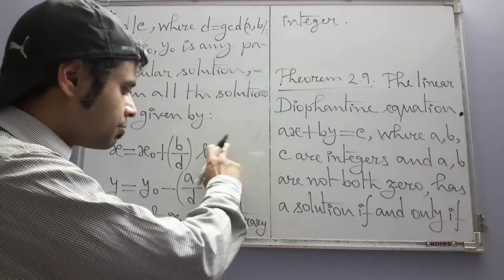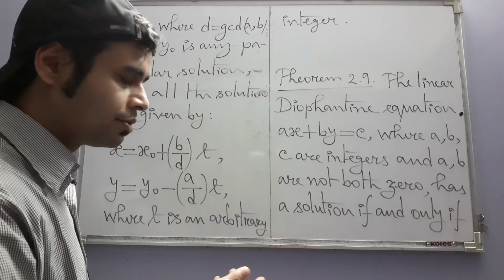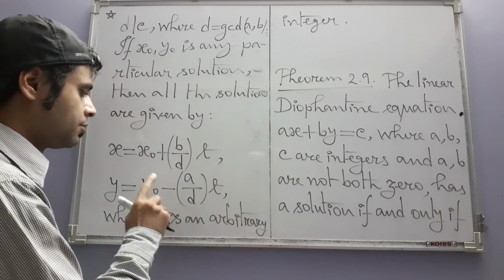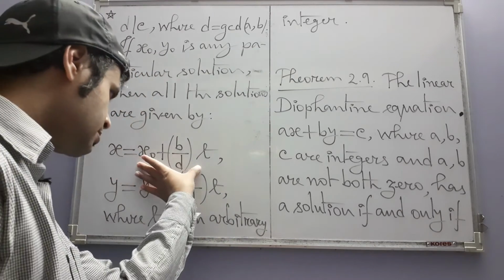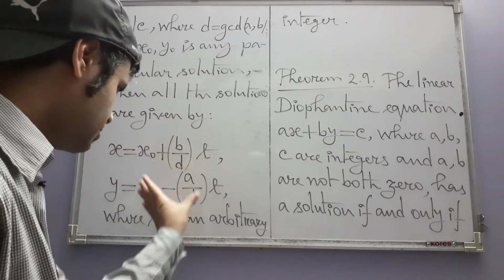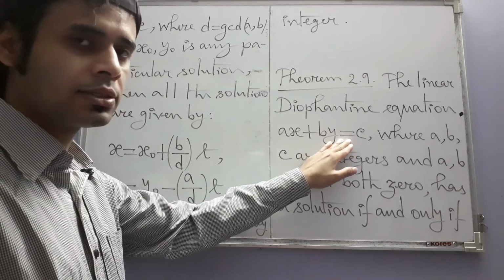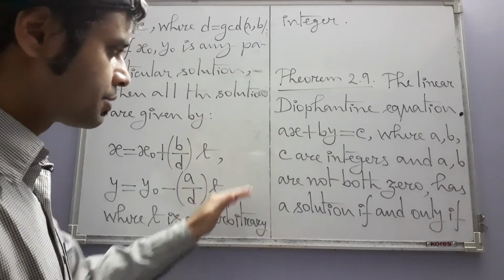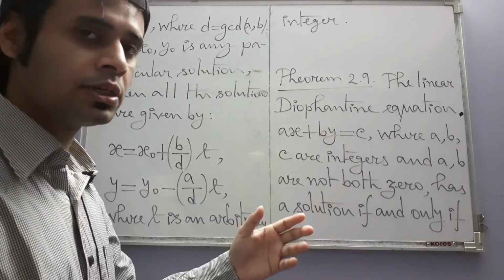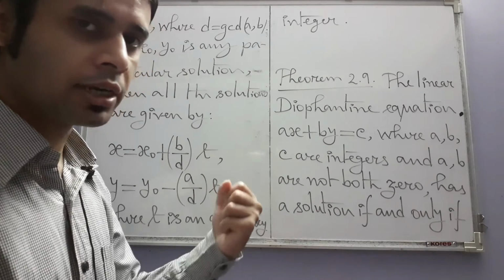So that means in proving this second part, what do we have to prove? We have to prove two things. One is that this pair, that is these two expressions, if you substitute for x and y in the equation, then the equation is actually satisfied. That is rather easy.